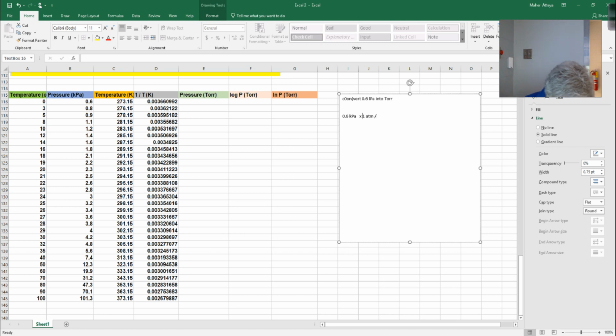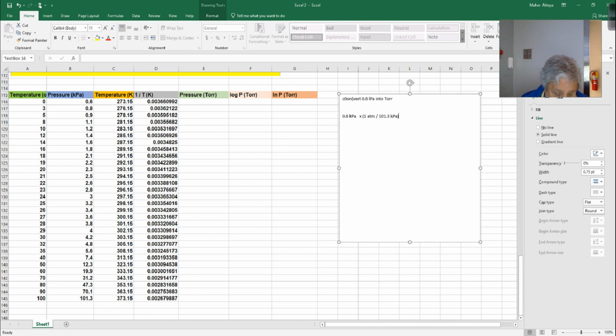By the way, I have to put it in parentheses. So I have here, guys, 1 atmosphere has 101.3 kPa, and close the parentheses. Now we have gotten rid of the kilopascal. I have what? I have atmospheric pressure.